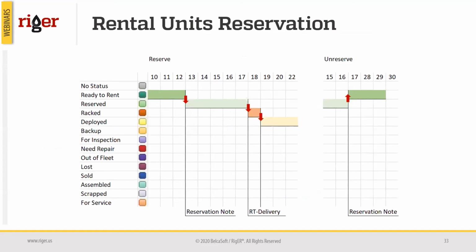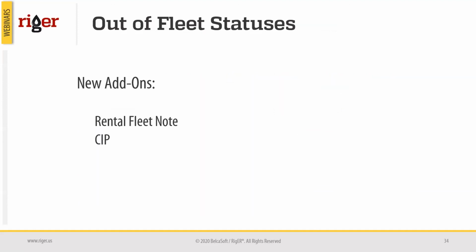So I understand that it's a little bit complicated, but in general, if you have that kind of complex unit, please call us, email us, and we will sit down and discuss in more detail. Those are the new 2 add-ons in version 7.0.